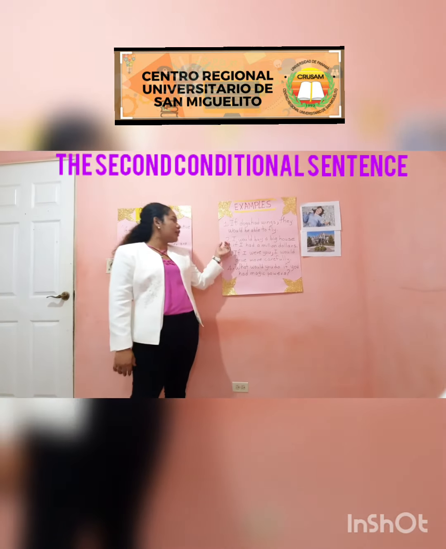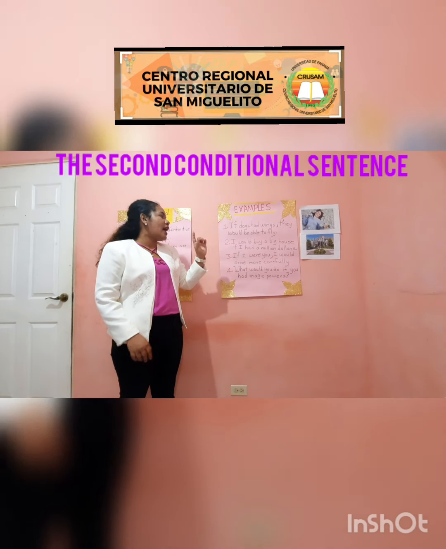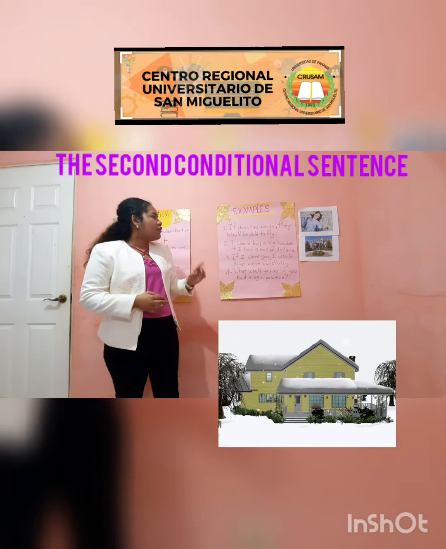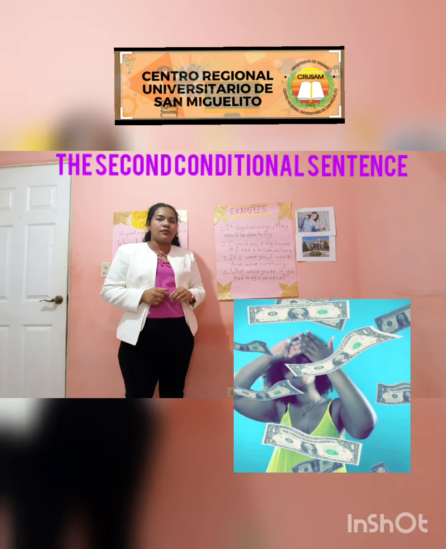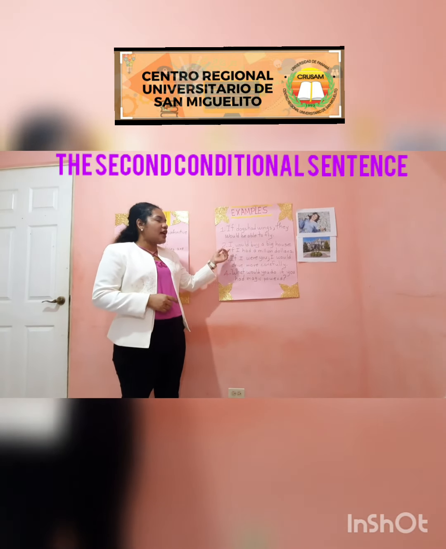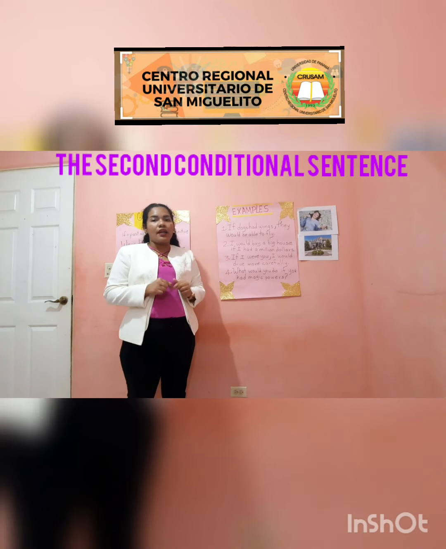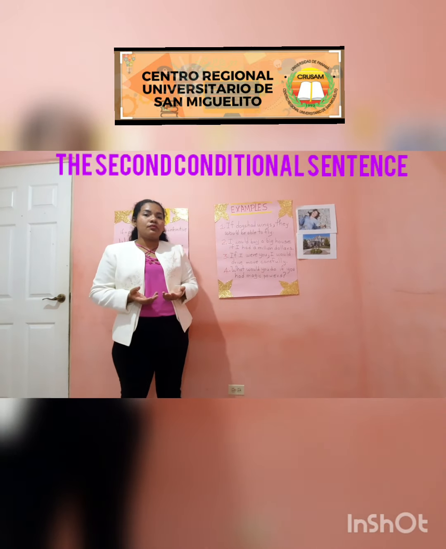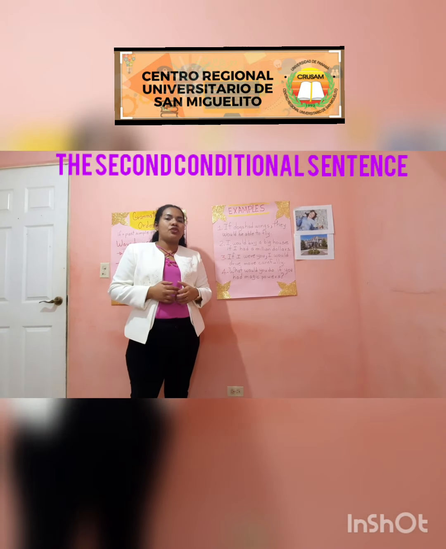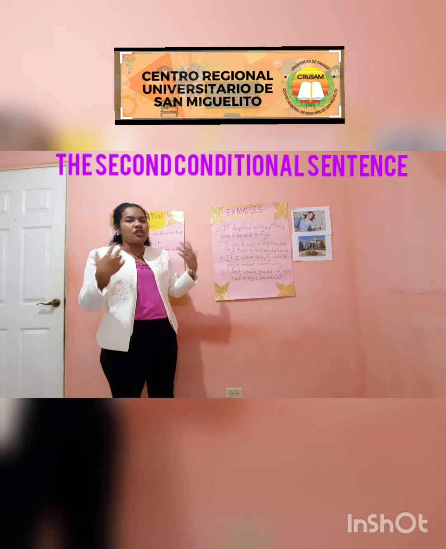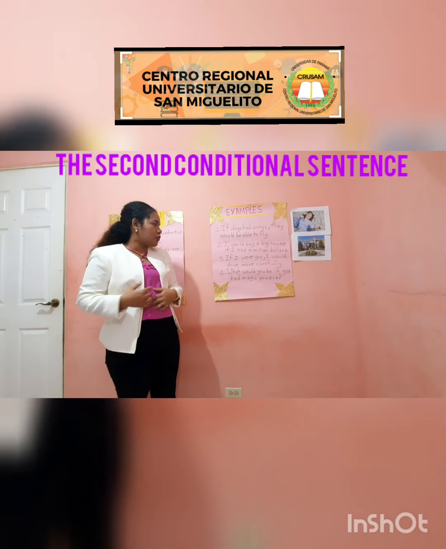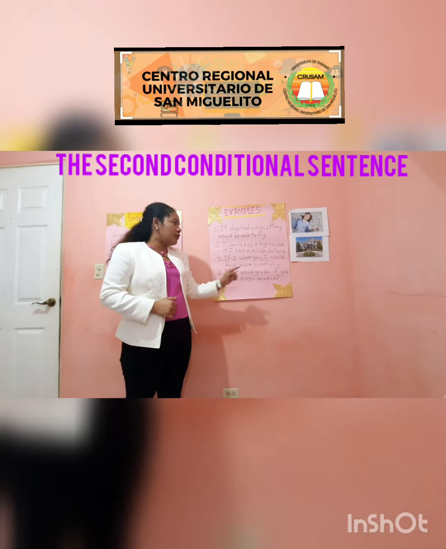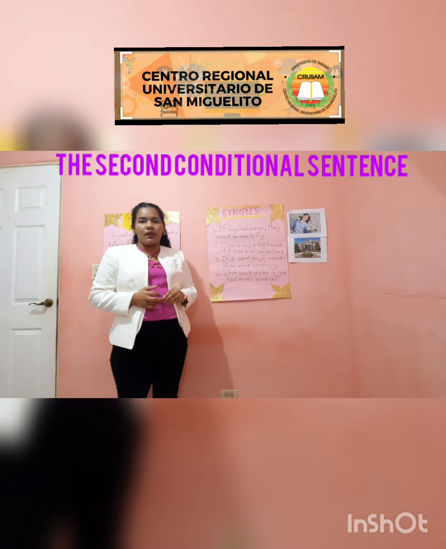And also we have here: I would buy a big house if I had $1 million. That's something that is not real right now. So it can be my life in the future, an imagination of my life in the future.